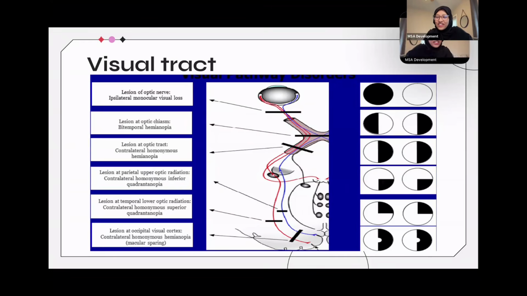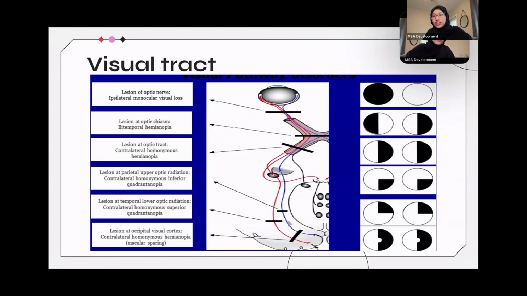I know it's very confusing, but just remember left and right, okay? So if the lesion is in the left side of the parietal upper, then you will have vision loss in the right side of the lower quadrant, okay? Like that.